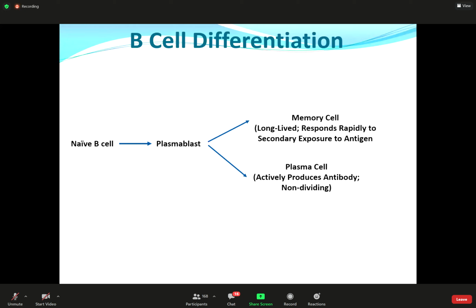But these plasmablasts are short-lived. But following signals and help from T helper cells, they can then differentiate into these plasma cells, producing high affinity antibodies, as well as differentiating into these long-lived memory cells, where when they see antigen again, they will jumpstart and quickly produce the same high affinity antibodies.